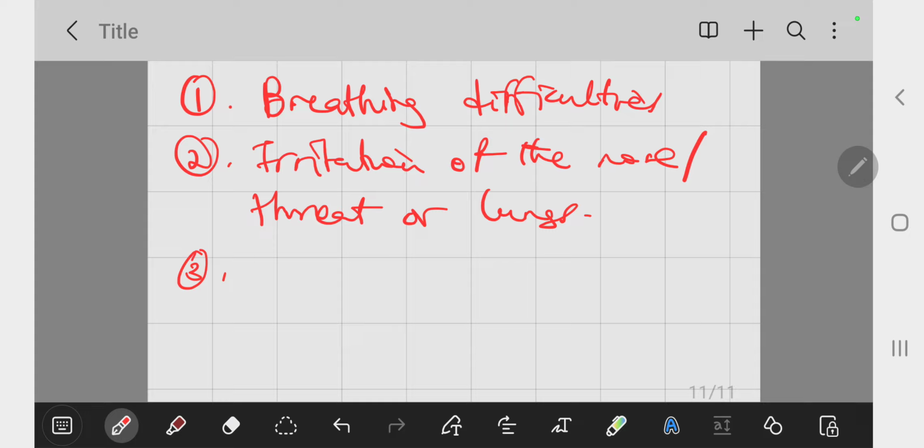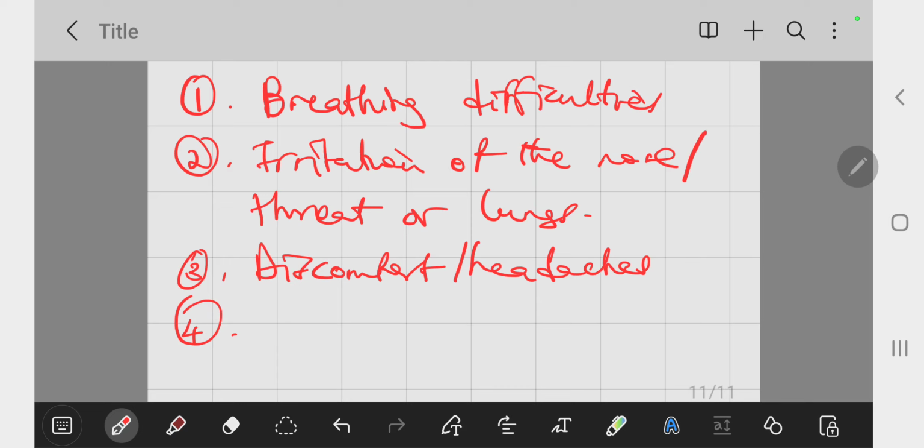Yeah, but that's some of the symptoms. Sometimes you can even have discomfort or headaches. So if you're in a workshop, you have a headache, there's no need to even go to the hospital. Just pick up the phone, call your relatives and say bye-bye. Yeah, that was just a joke. Yeah, but those are some of the symptoms.